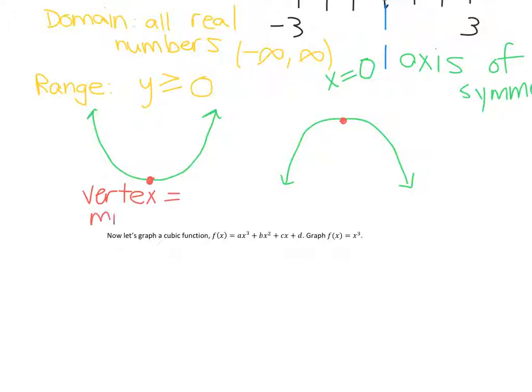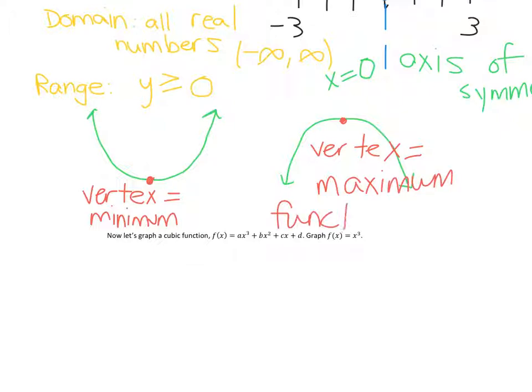When it's a happy face, the vertex is a minimum value. And when it's a sad face, our vertex is the maximum function value. And that's going to be important later on when we're doing word problems.